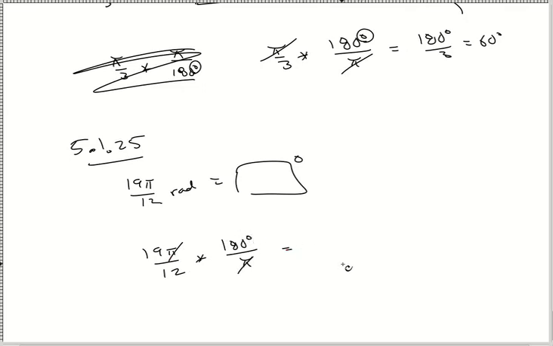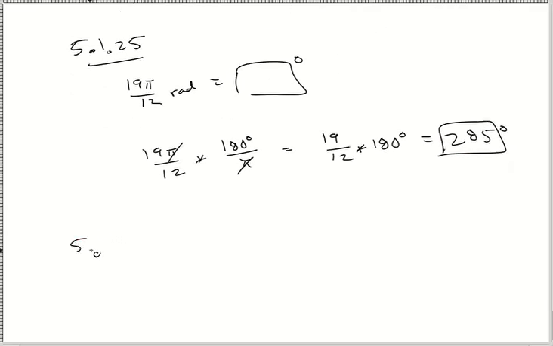Again, I have a degree symbol in the top. And so it's 19 over 12 times 180, which is definitely calculator. I don't know that stuff. 19 divided by 12 times 180 is 285 degrees. There it is. Next question.